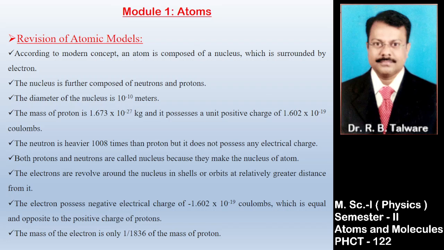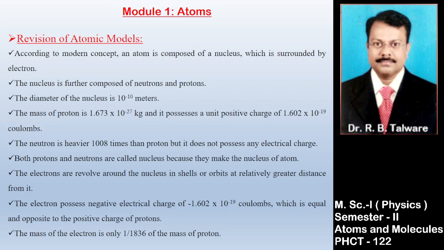The electrons revolve around the nucleus in shells or orbits at a relatively greater distance from it. They maintain their distance. The electron possesses a negative electric charge of minus 1.602 into 10 to the power minus 19 coulomb, the same in magnitude as the positive charge. Only the sign changes.